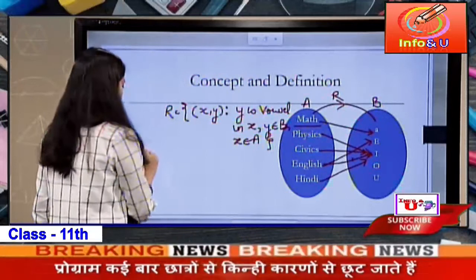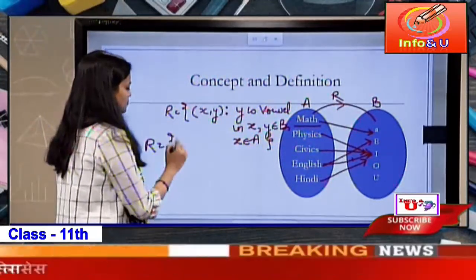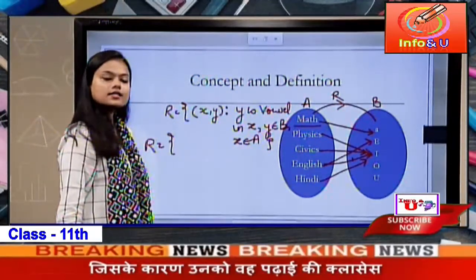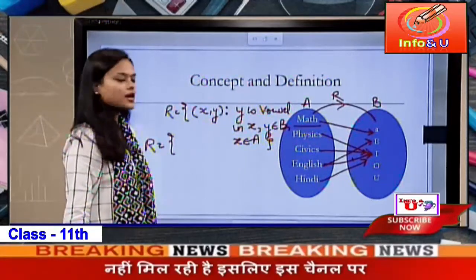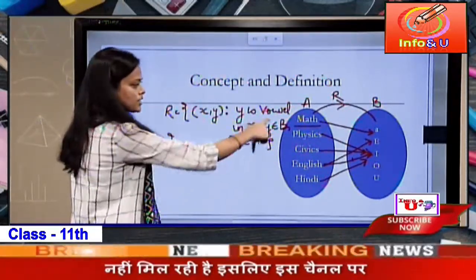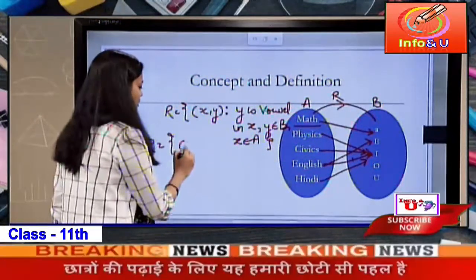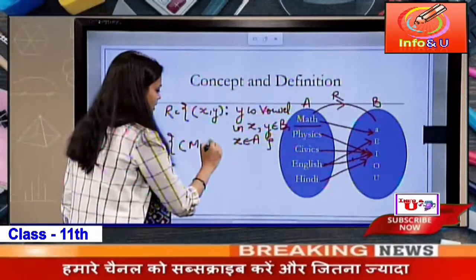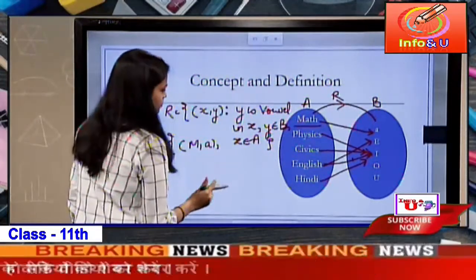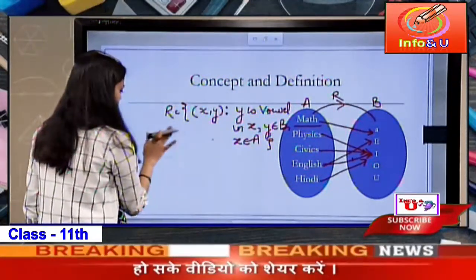So what can we say? How many elements does R have? Let us first write them out. I am using the first letter to represent each subject. M, A. Okay, let me write over here.